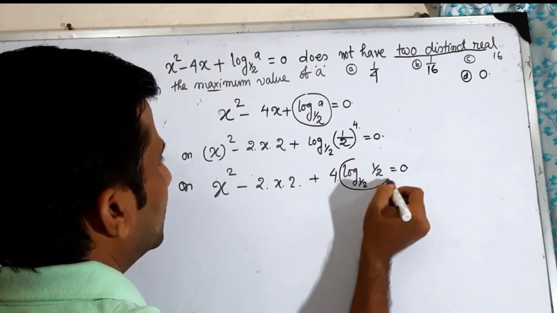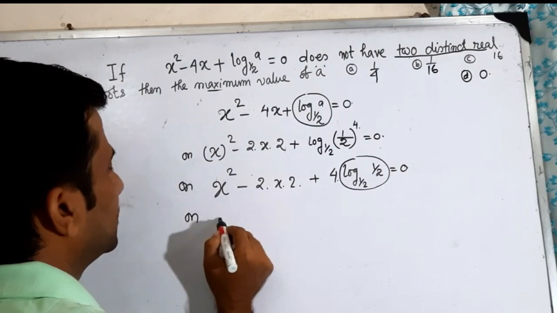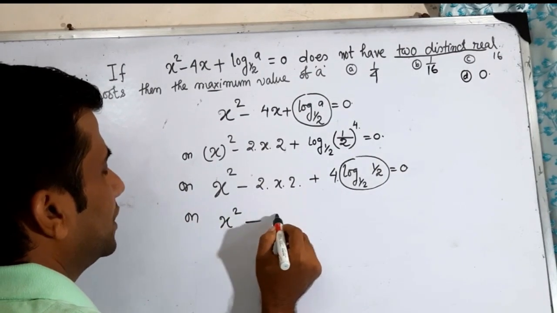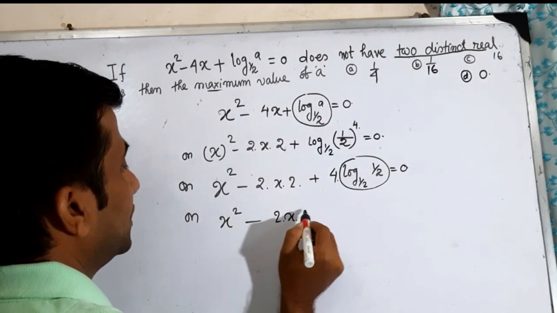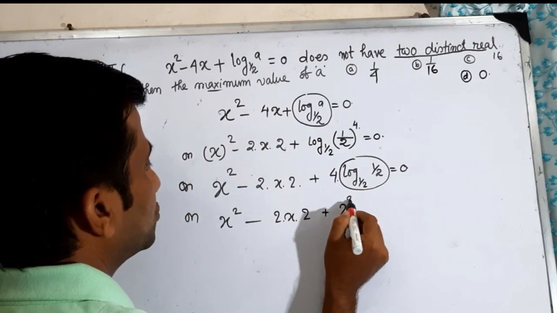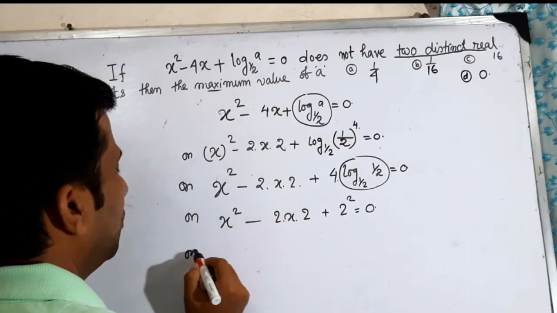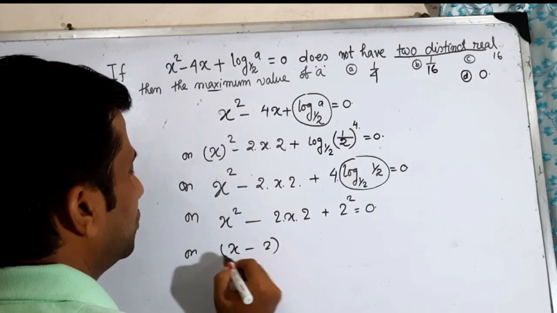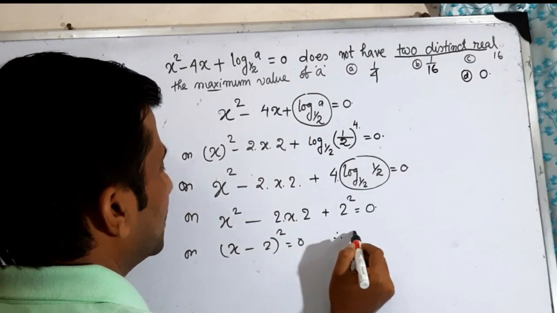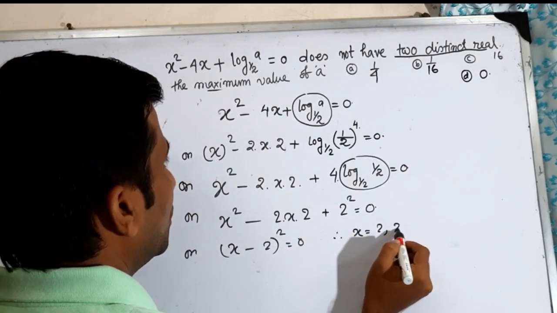This is equal to 1, and then it becomes x square minus 2x into 2 plus 2 square is equal to 0, or (x minus 2) whole square is equal to 0. Therefore x is equal to 2.